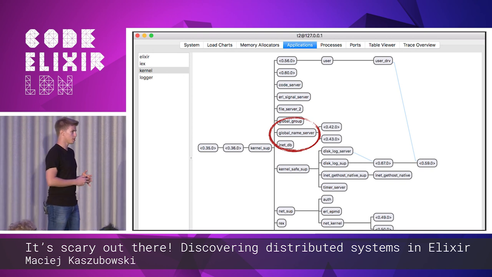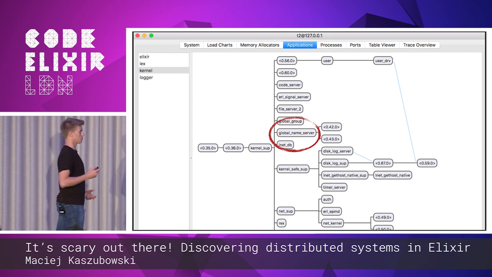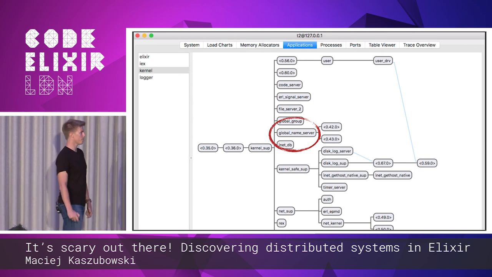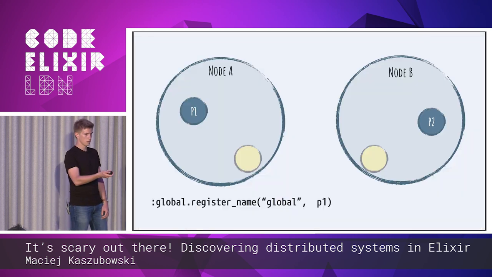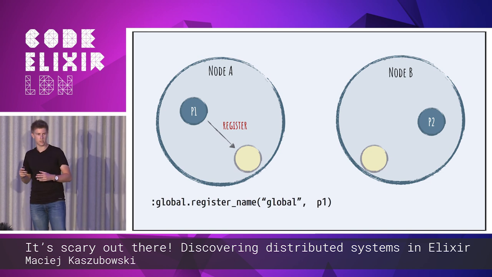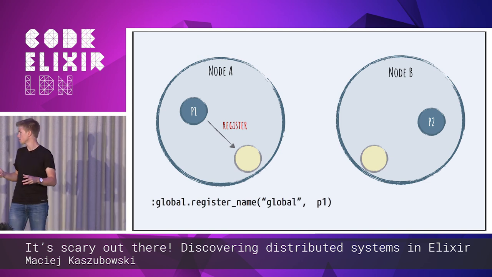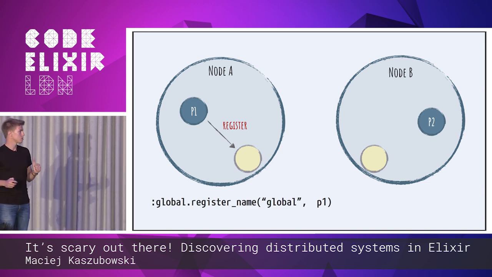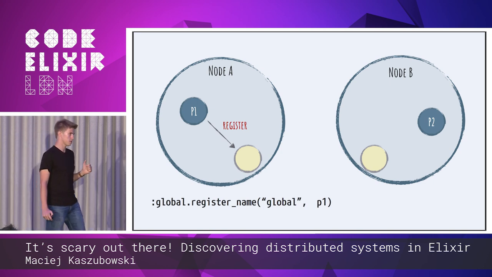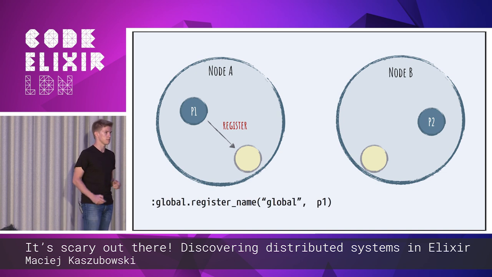It takes care of all the work that has to be done in order to register the process under a name. So when a process calls global register name, it sends a message to this global name server. And this server does something called a distributed transaction.